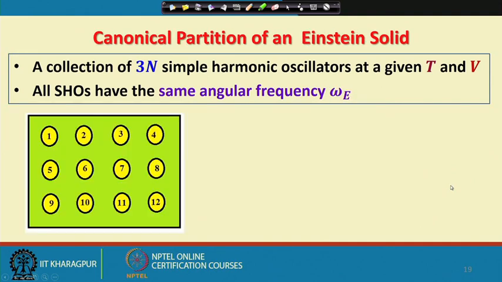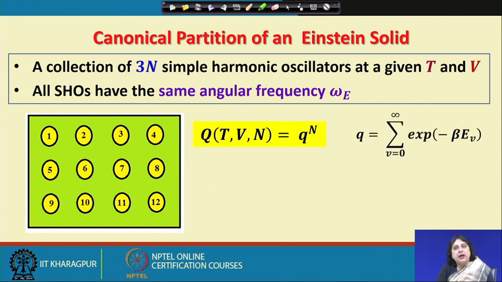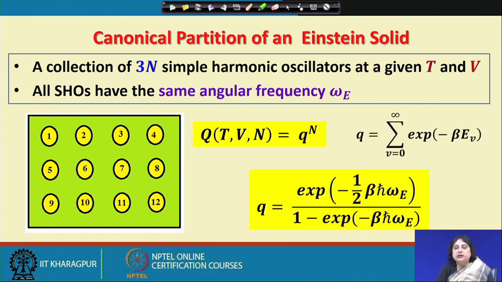If that happens, then from the prescription of molecular thermodynamics, we can very easily say that for this collection of 3N simple harmonic oscillators, I can always write down the single particle canonical partition function.